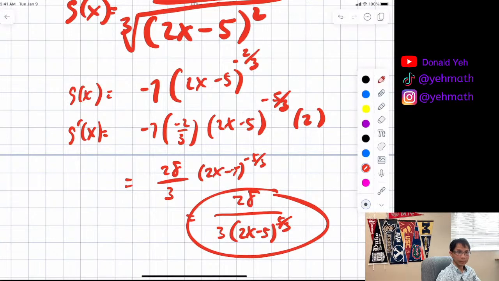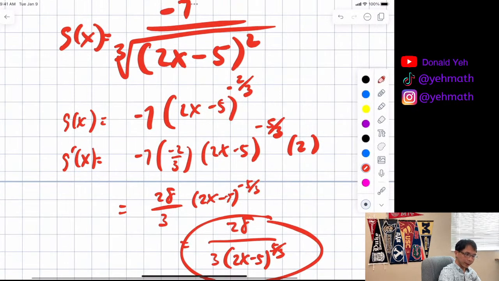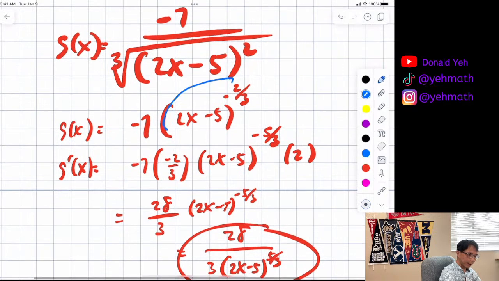Why is it negative 7 times negative 2/3? When you take the derivative, why is it negative 7 times negative 2/3? Because you gotta bring that power down, negative 2/3, in the front. That's to take it to the outer function. So if you really think about it, this is the outer function, and this is the inner function.